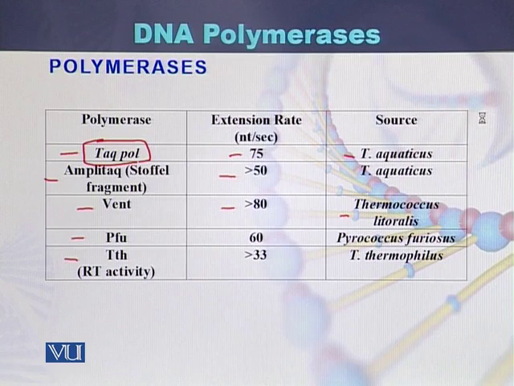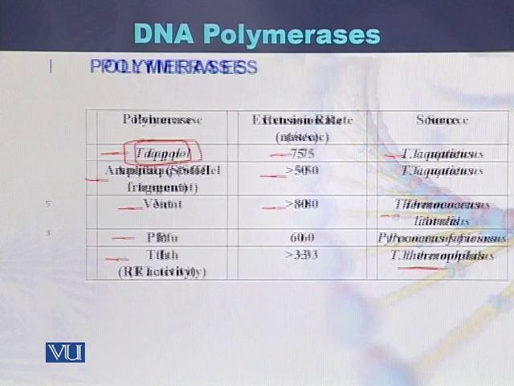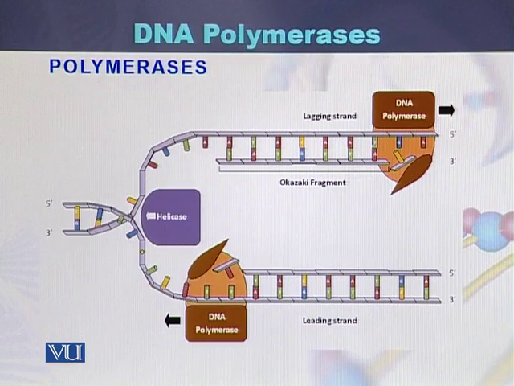So different DNA polymerases are combinedly used in case of long PCR. And in case of reverse transcriptase, mostly Tth, that is a polymerase purified from Thermus thermophilus, is used for the reverse transcriptase activity.